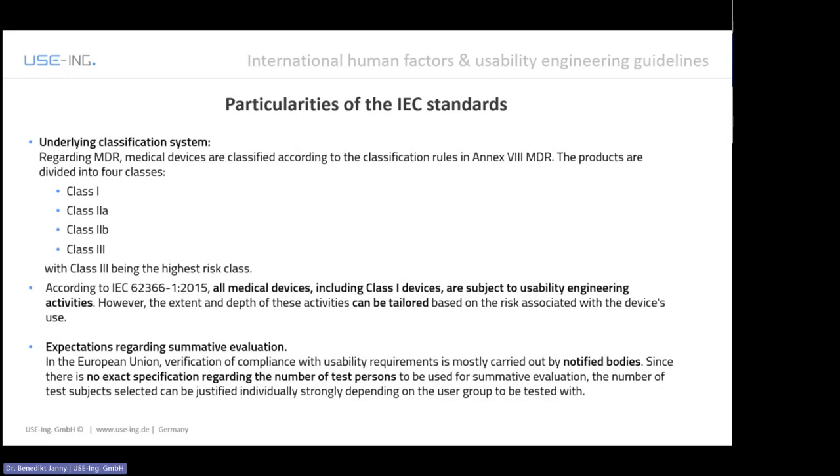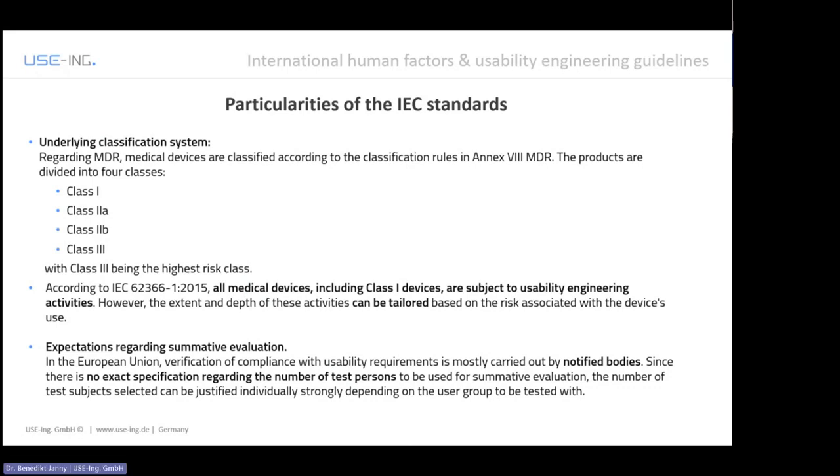Here in Germany, we have TÜV or DEKRA, and TÜV also acts internationally. Since there's no exact specification regarding the number of test persons to be used for summative evaluation in this standard, the number of test subjects selected can be justified individually, strongly depending on the user group to be tested with.